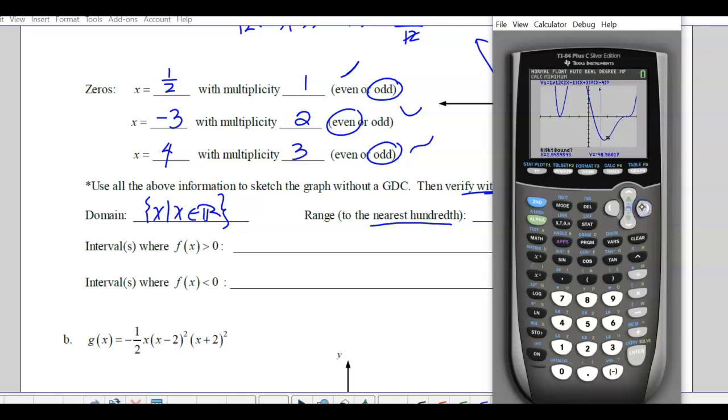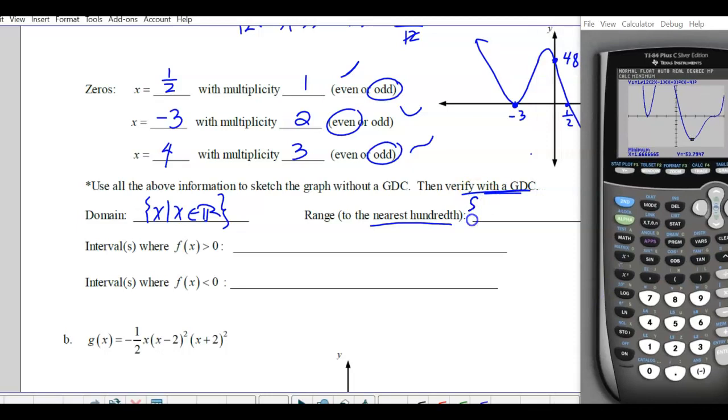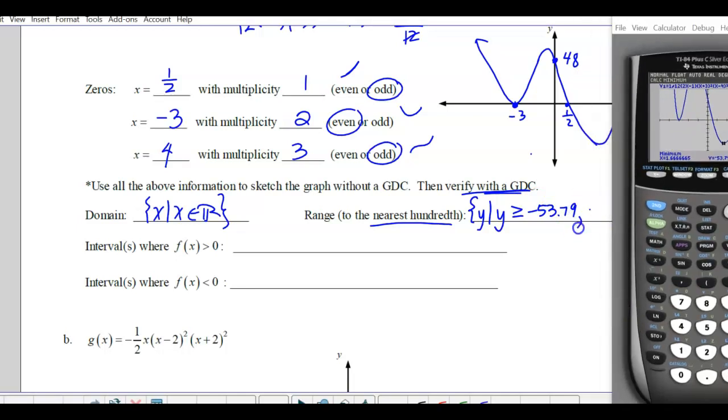Cursor to the other side. Enter. Enter. Okay, and so we want the y value there. Nearest 100, so -53.79. And y is the real number.